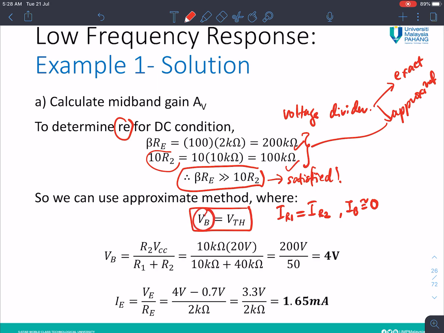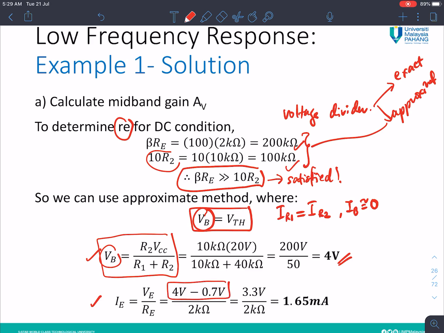Now we calculate the VTH. For the VTH, we use the voltage divider equation, insert the values, and you get 4 volt. For the IE, because you already get the VB, now you can get the VE here.